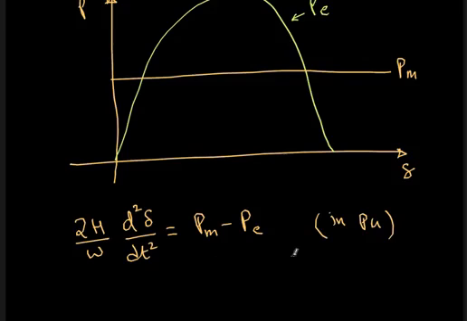We had derived this some other time, so for now, take this as the swing equation. So if Pm is more and Pe is less, then the rotor will accelerate. This delta is the rotor angle, with reference to the rotating reference frame. This difference is denoted as Pa.